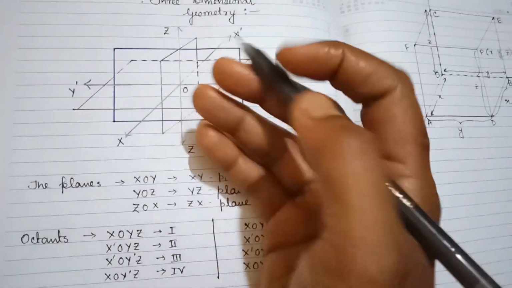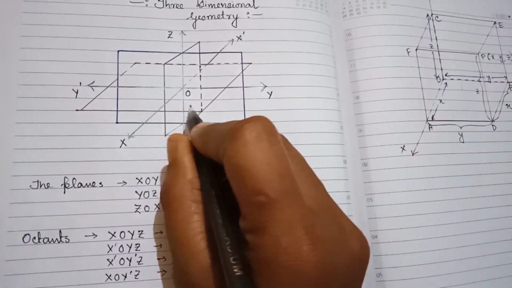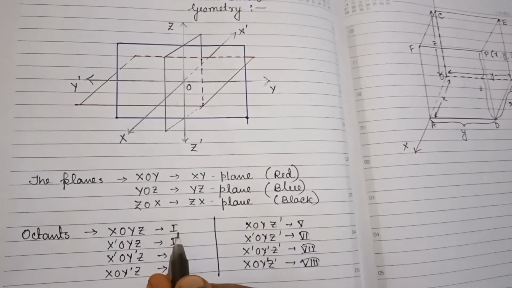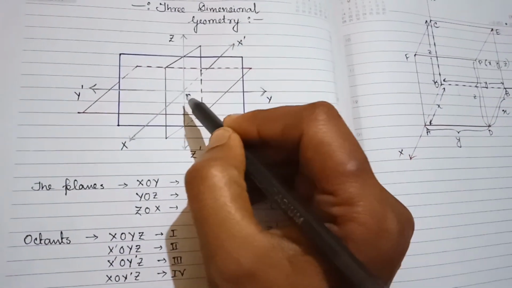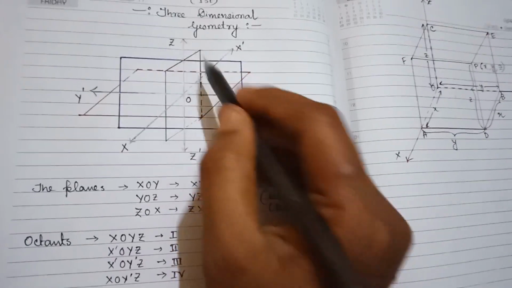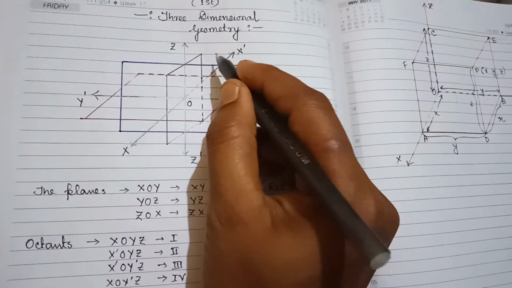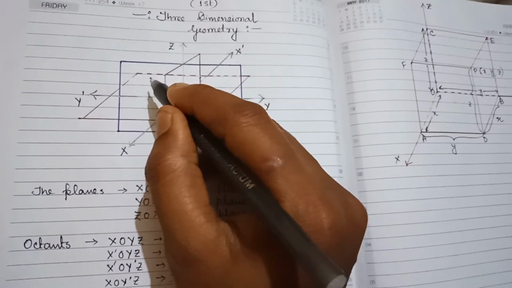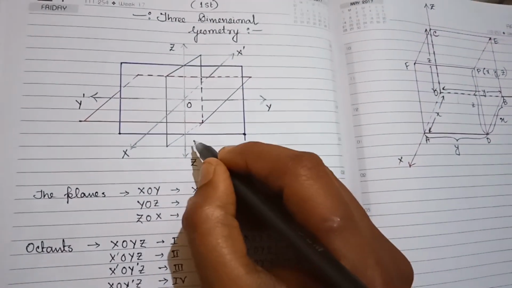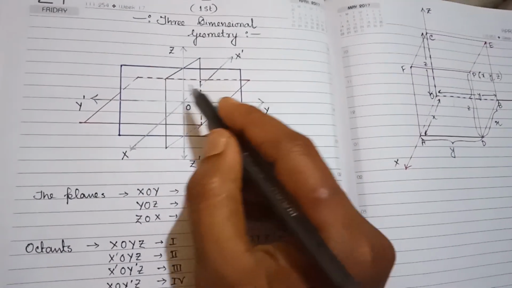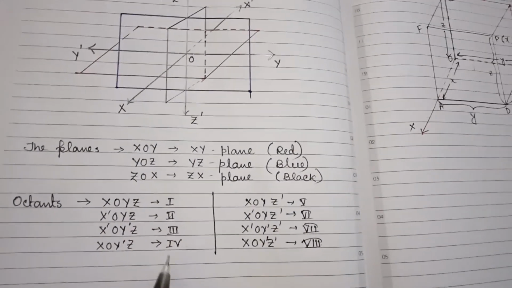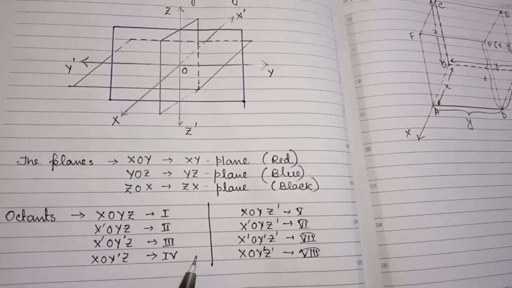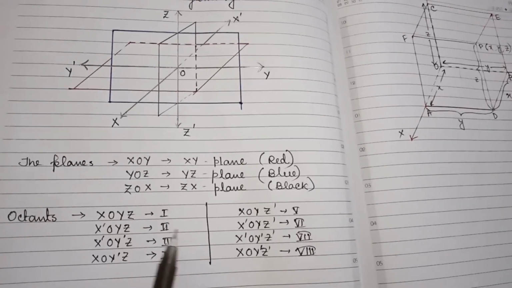This portion, this side, is the first octant. What is the second octant? X dash O Y Z. That means 1, 2, 3, 4, and in the same way 5, 6, 7, 8. You just look at the names once.